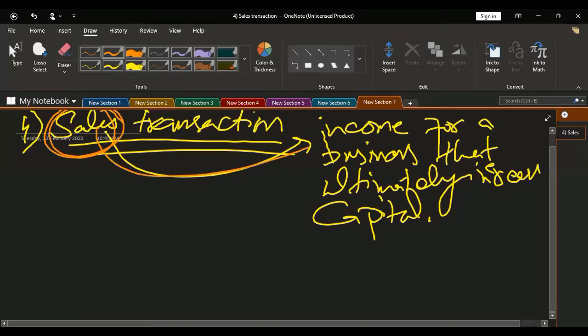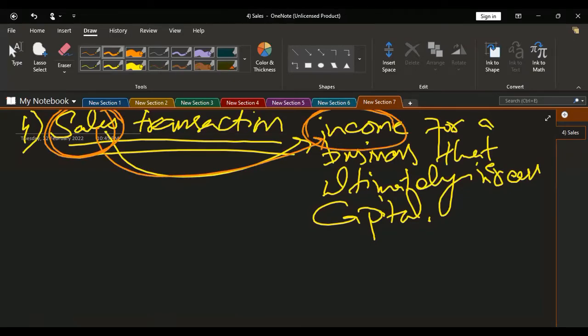Sales are the income of a business, and the incomes will increase capital, means this is the amount that is payable to the vendor or to the owner at the end of the business. So let's start sales transactions.